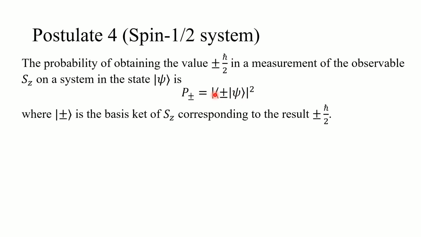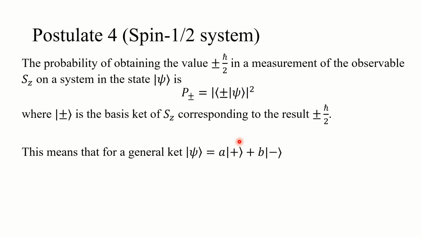So basically, if you send in some particle that's described by this generalized state vector psi, and you want to know the probability that when you measure it you get the spin up plus state, you just take the inner product of that plus state with that generalized ket and square it. So here's my generalized vector describing my spin 1/2 system.